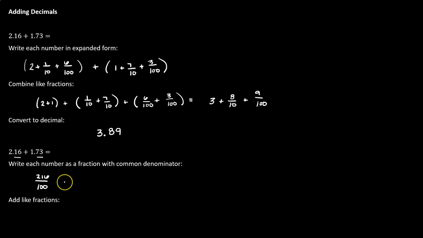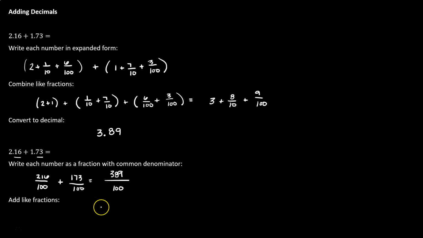And then 1 73/100ths looks like 173 over 100. When we add those two together, we're really just adding like fractions. So we add 216 and 173 to get 389. And then we convert this into a decimal.